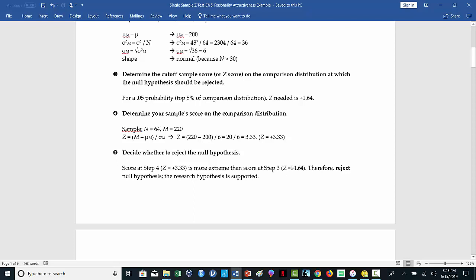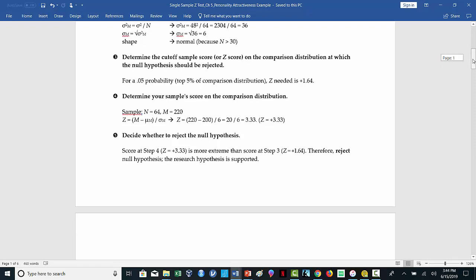So because the mean that we found for attractiveness ratings for those that were told the people had positive personality is extreme for that distribution of means, we are going to reject the null hypothesis. That means the research hypothesis is supported, suggesting that when they're told positive things about people's personality, they rate them as more attractive. That would be the idea.